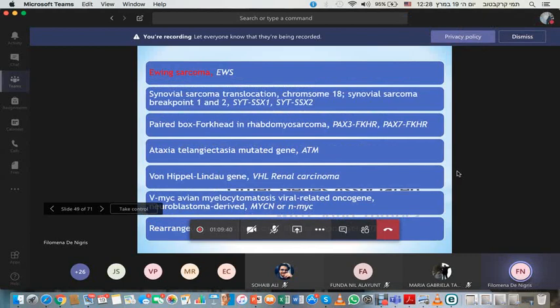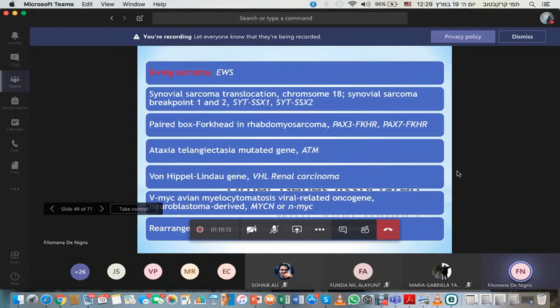Again, for Ewing sarcoma and for leukemia, we have a lot of chromosomal derangement. Ewing sarcoma is a bone tumor in children, with high incidence in the very young population. So it doesn't have specific liquid markers.